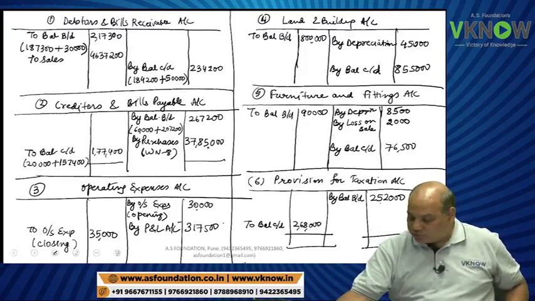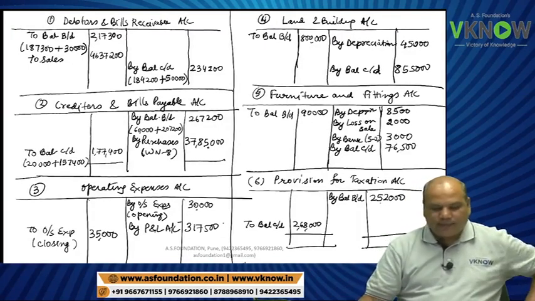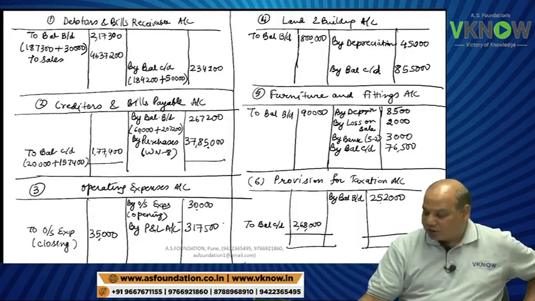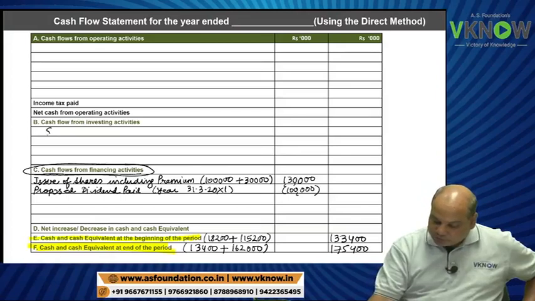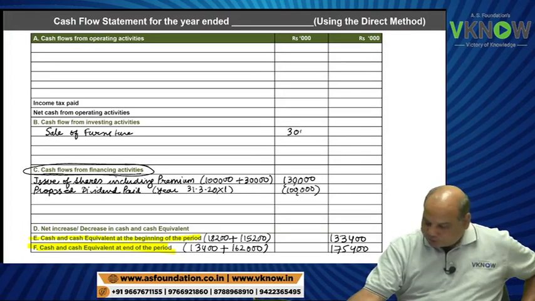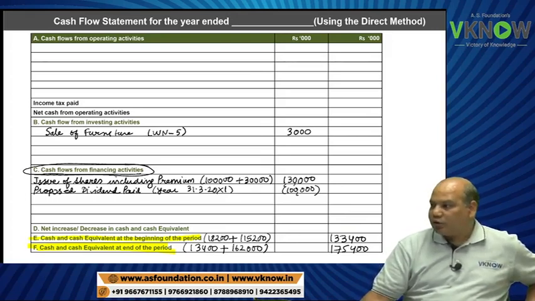So sale value by bank 5,000 minus 2,000, 3,000. 3,000 is the sale, that 3,000 sale of furniture. Please come to cash flow statement, investing activity, sale of furniture, positive number 3,000, working note number 5.